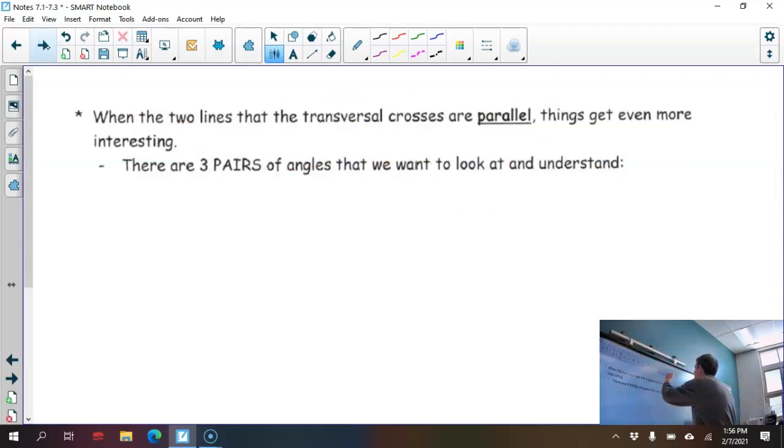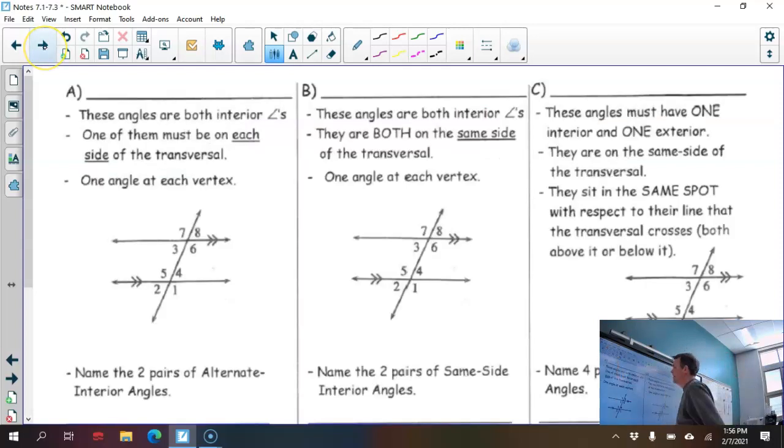Now, when the 2 lines that the transversal crosses are parallel, things get even more interesting. There are actually 3 special pairs of angles that we want to look at and understand. And they are listed down here.